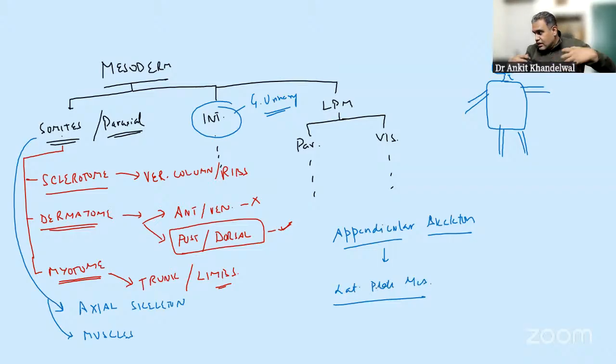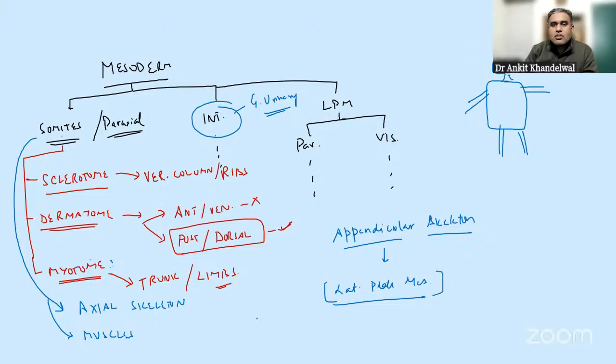When the lateral plate mesoderm gives rise to the bones, these myotomes are also present on the lateral side of the somite. They are actually being pulled by the lateral plate mesoderm and they give rise to the muscles, while the bones are coming from the lateral plate. So the muscles of the appendicular skeleton come from the somite, and the bone itself comes from the lateral plate mesoderm.